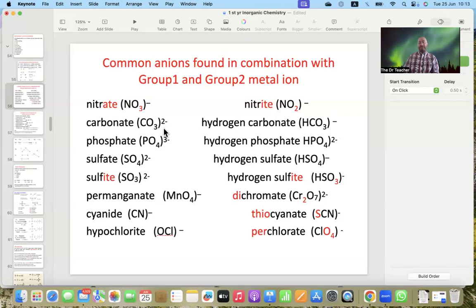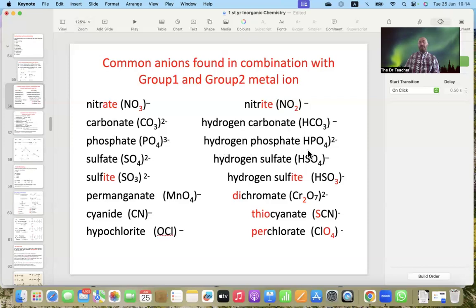For carbonate, the overall charge will be -2, and we will explain this later. Phosphate, PO4: the highest number of oxygens bonded to the phosphorus will be 4. So this is phosphate, and the overall charge is -3.